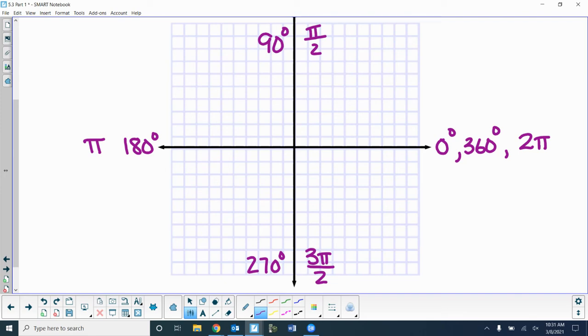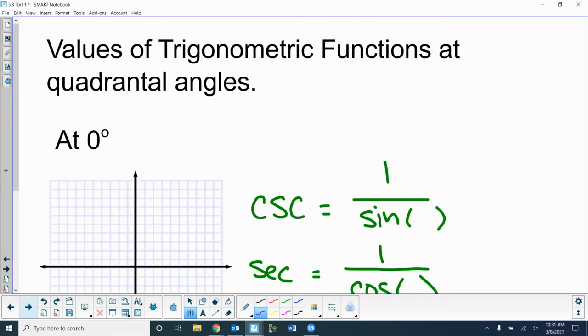Okay? And think about alphabetical order, right? Cosine went with which one, x or y? X. Sine went with y. Okay, r is always hypotenuse. Always from the origin to the point is the r value.